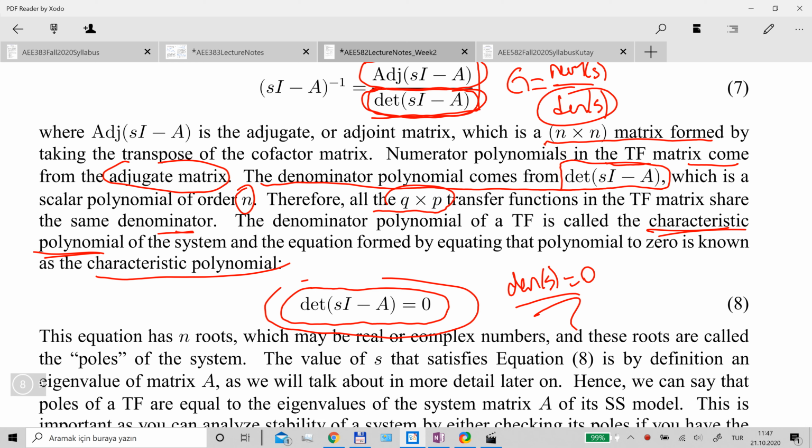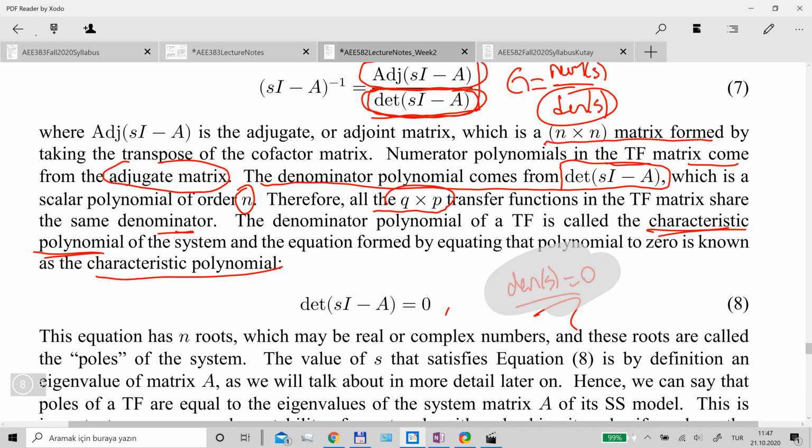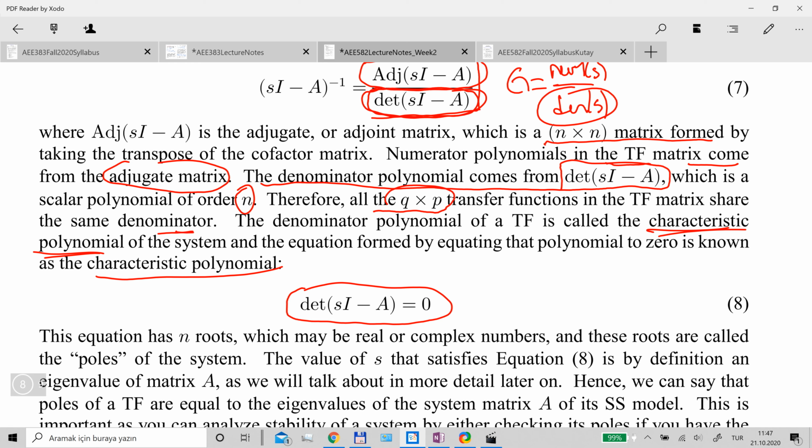Now, this equation should also look familiar from the definition of an eigenvalue. Any value of s that satisfies this equation is called an eigenvalue of the matrix A. And any value of s that satisfies this equation is also a root of the polynomial.